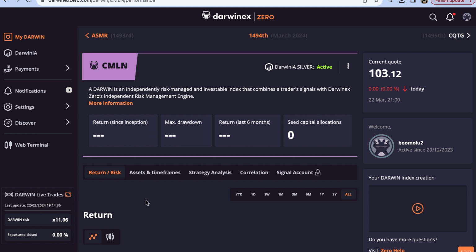Within 30 days the risk calculator is going to calculate your account in comparison to the S&P 500 index, and create your own personal Darwin index, pretty much saying that in comparison to the S&P 500, these are your returns and how reliable you are, right? So you're being compared on the same basis as the S&P 500 index.